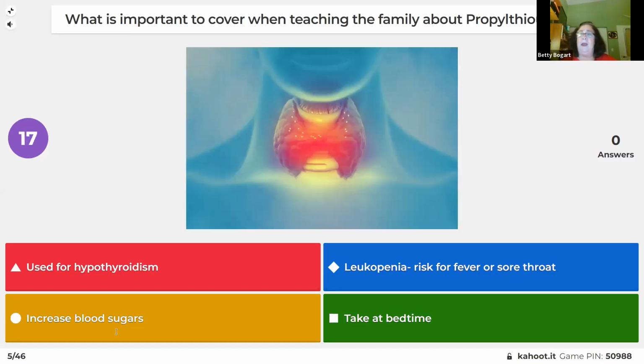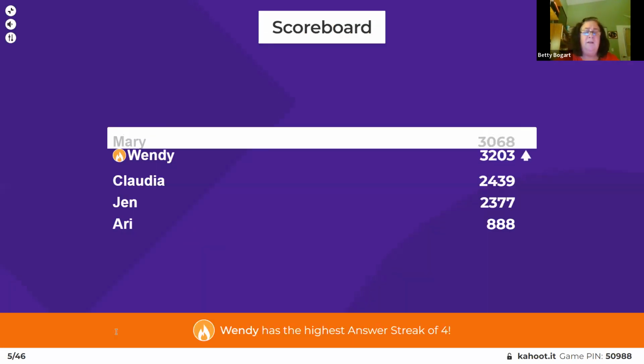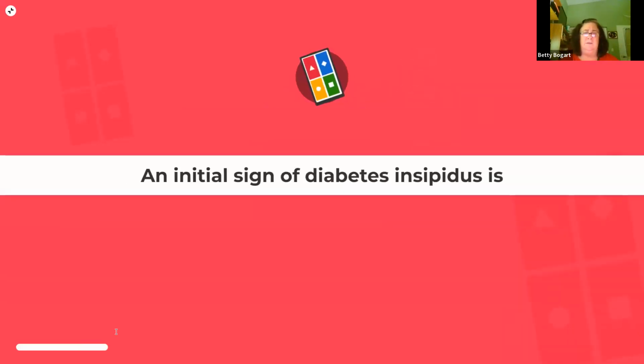The propylthiouracil. And again, that's the leukopenia that it can cause. It's one of those teaching things that we need to describe to our families and to our children so they know.